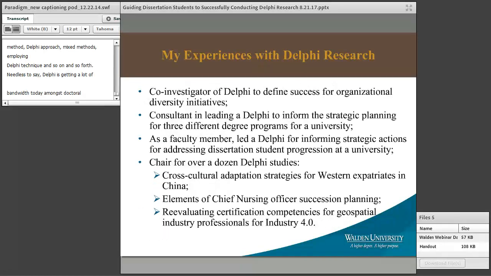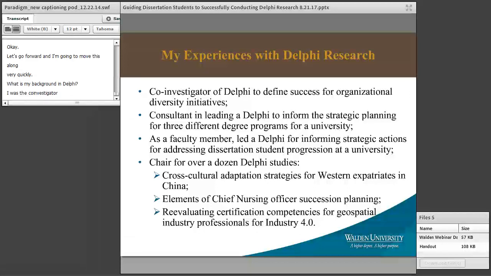Okay, let's go forward, and I'm going to move this along very quickly. What is my background in Delphi? I was the co-investigator of a published study in an APA journal in which Delphi was used to define success for organizational diversity issues.